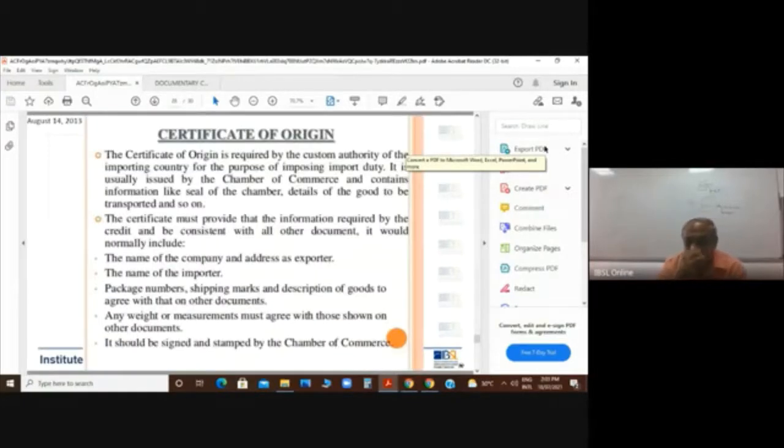Or in some countries, some European countries, they have specific issuing organizations, issuing entities where they sign the certificate of origin, right? Okay.